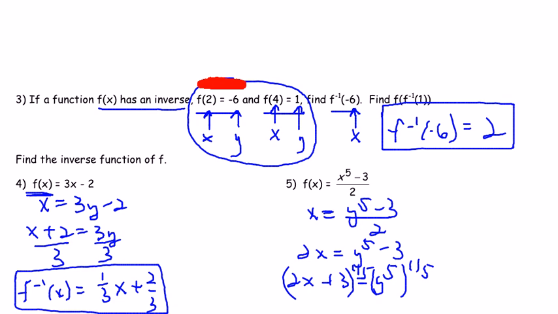Again, let's use our notation: instead of y, I'm going to use f -1 of x equals 2x plus 3 to the 1/5.